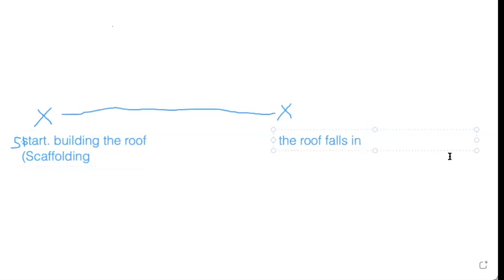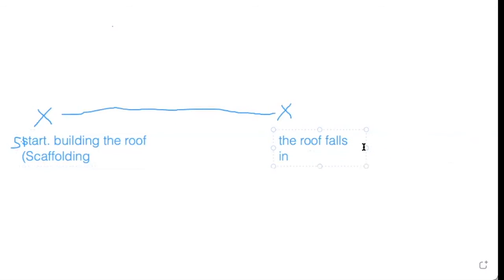Here they start building the roof or the scaffolding. Okay, they started this here. And then they continue. They're trying to complete this event here, but then here, the roof falls in.